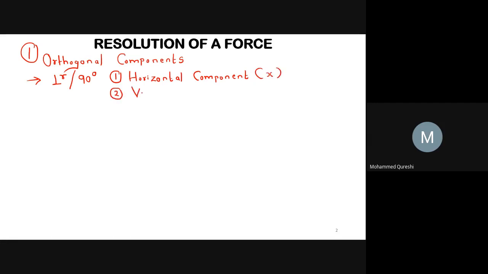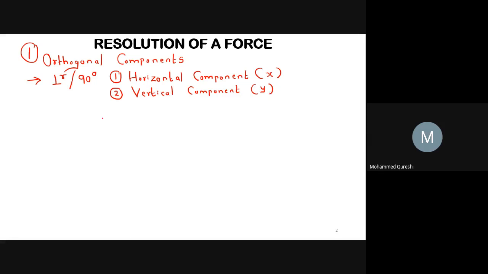And second is the vertical component. Vertical component generally takes place in the y direction. So the horizontal component is known as x component and the vertical component is known as y component.